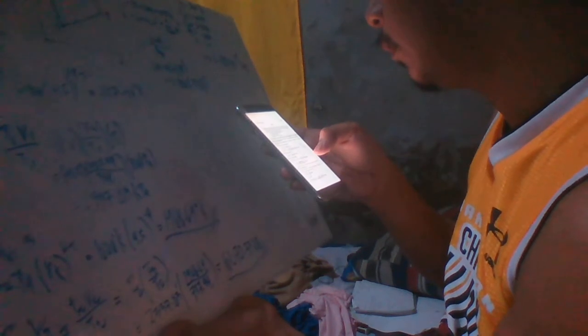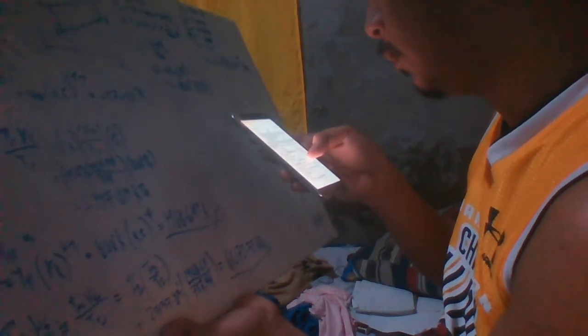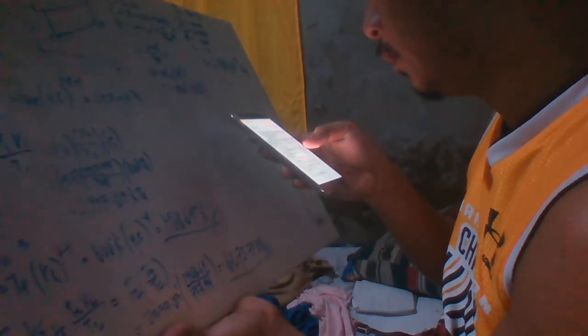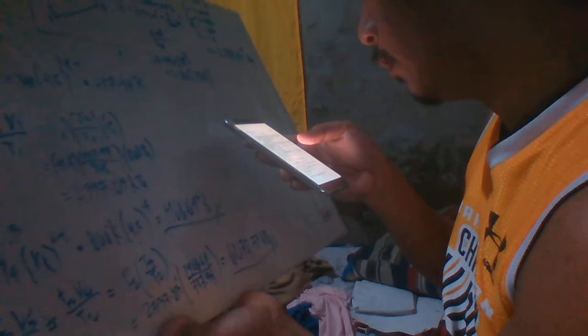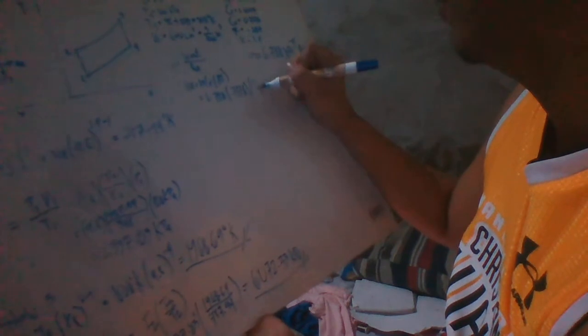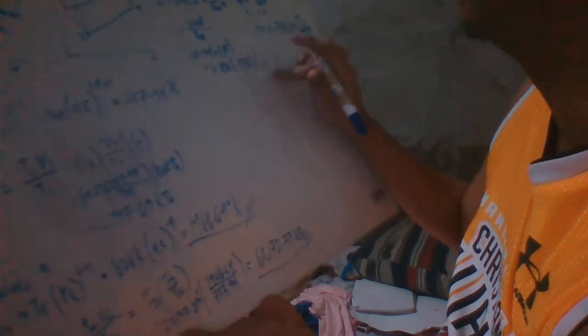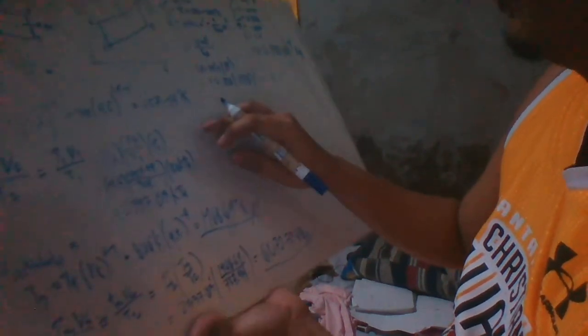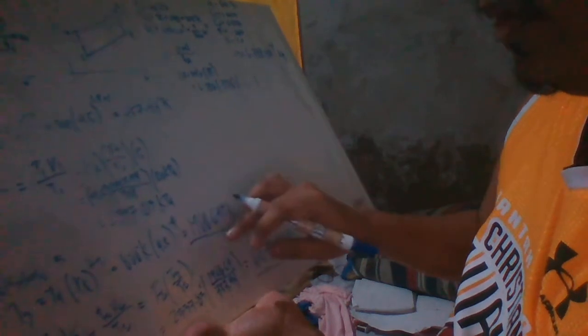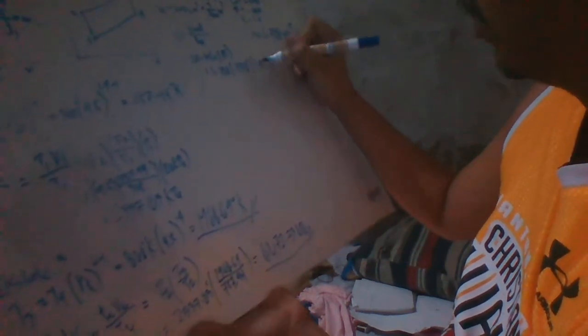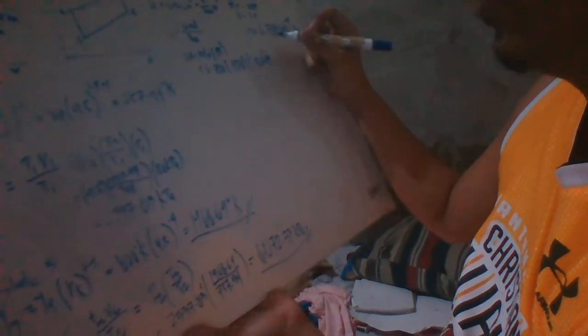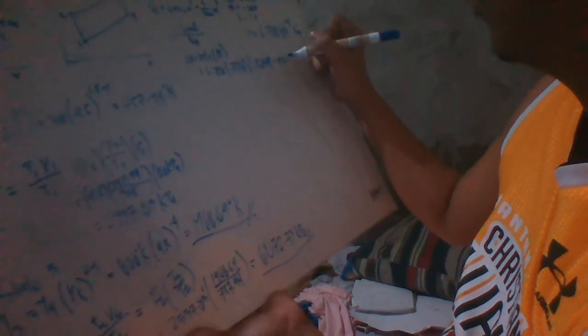Wait, I will look at the problem. The change in temperature is T3 minus T2, where T3 is 1968.69 minus T2, which is 757.94.